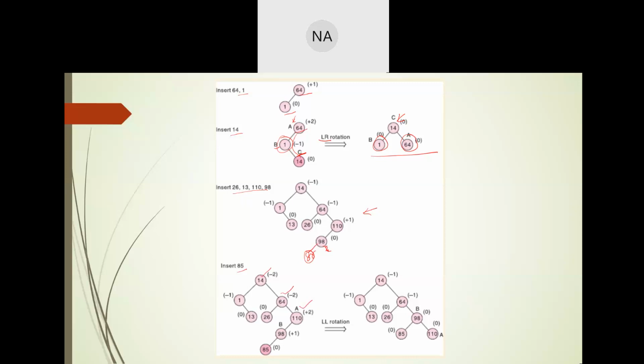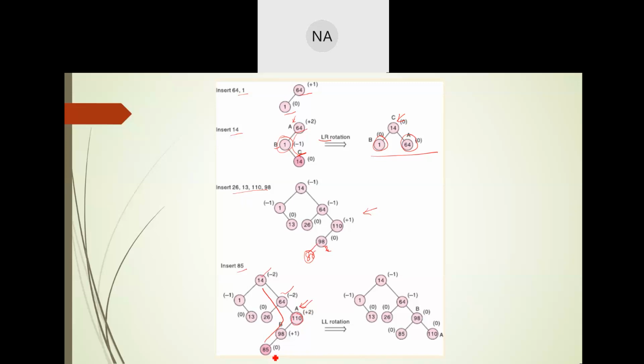So find node A. Node A is the closest ancestor which is imbalanced and which is also on the path from the inserted node to the root node. There are several imbalanced nodes on this path, and the closest one to the new node is 110. So this node 110 will be node A. Now find the type of rotation.